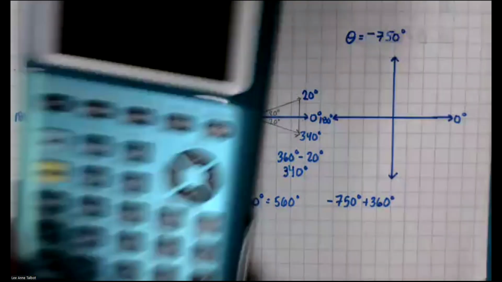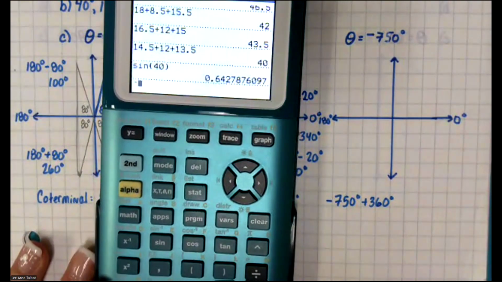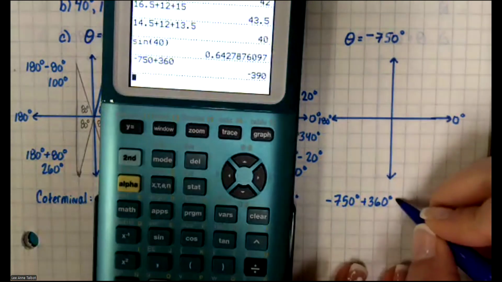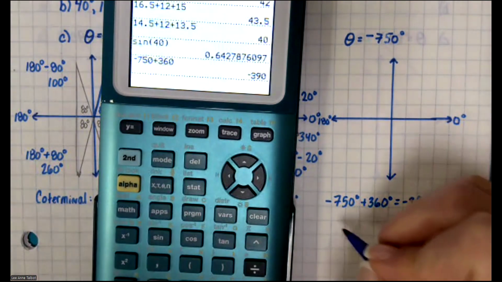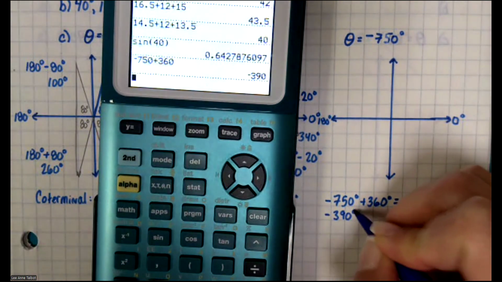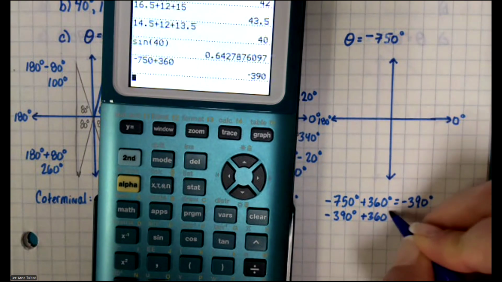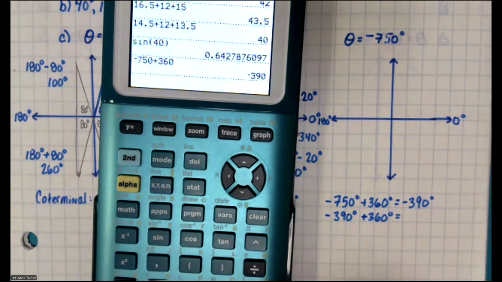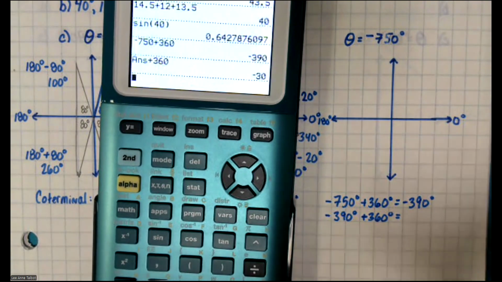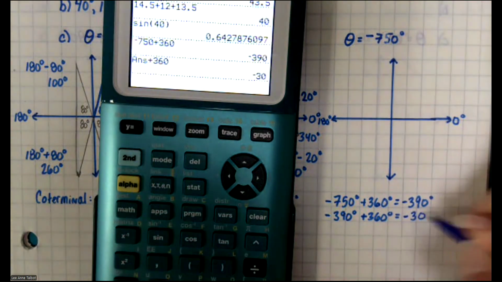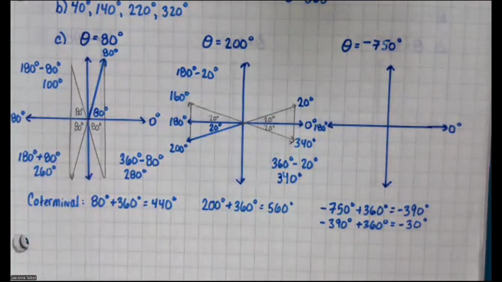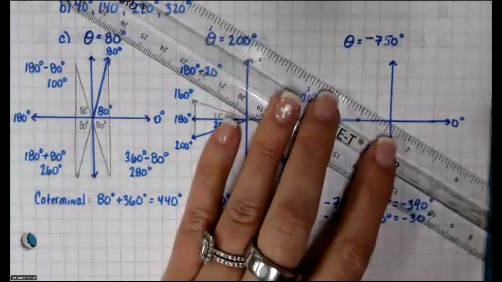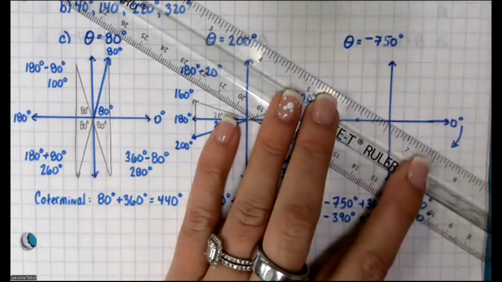So I'm going to go negative 750 plus 360. Negative 390. That helped a little bit. I'm going to go again. Negative 30. Okay. Negative angles go in the opposite direction. Negative goes this way.